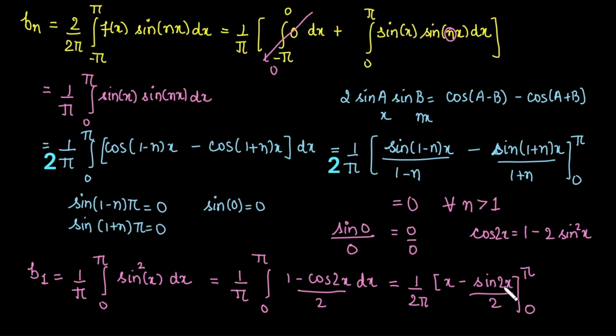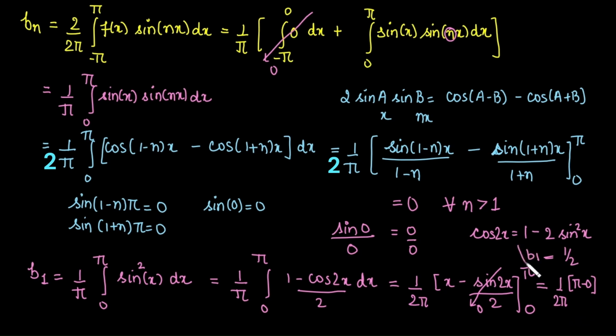Same when you put 0, sine 0 is 0. It means this term is getting 0 for both the limits, so we can write this as equal to 0. So this is further equal to 1 by 2 pi. Substitute the upper limit in this case, pi minus 0. Simplify this, this is equal to 1 by 2.